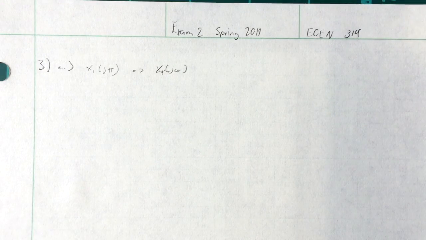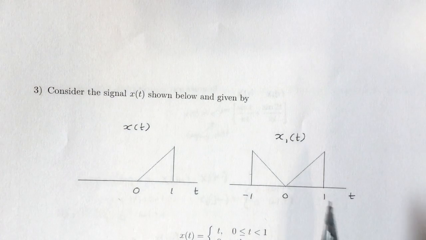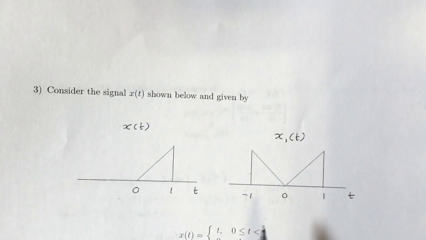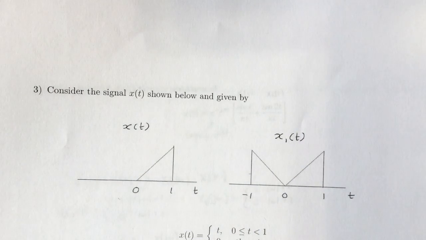So looking back at the signal, how can we write x1(t) in terms of just x(t)? If you notice, we can write x1(t) as x(t) plus x(-t), because that's what this is. And we don't have to worry about overlap because they're both 0 at 0, so they're not going to add on top of each other.